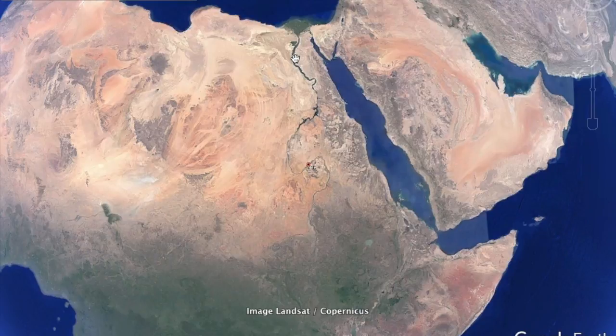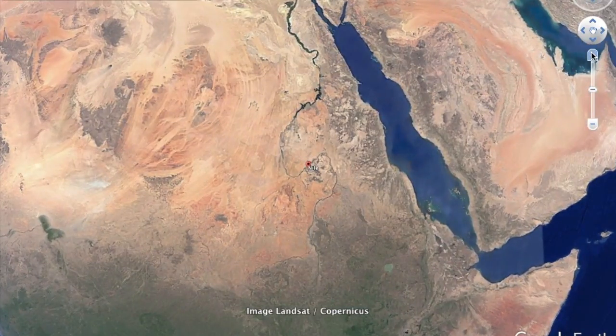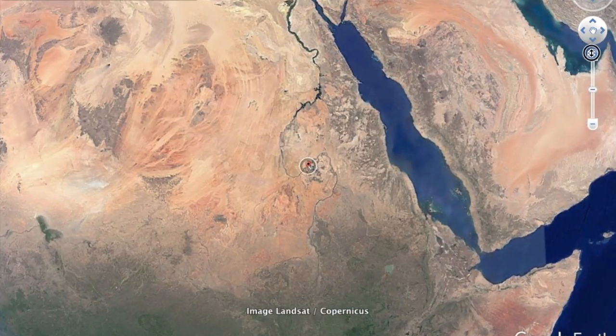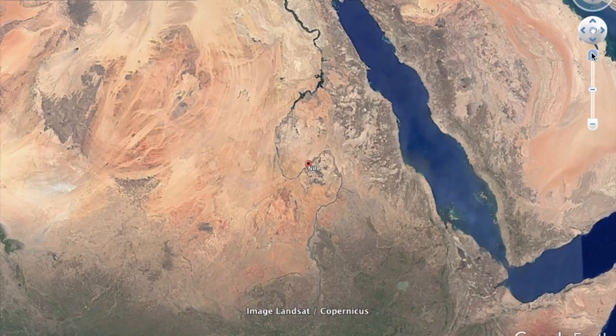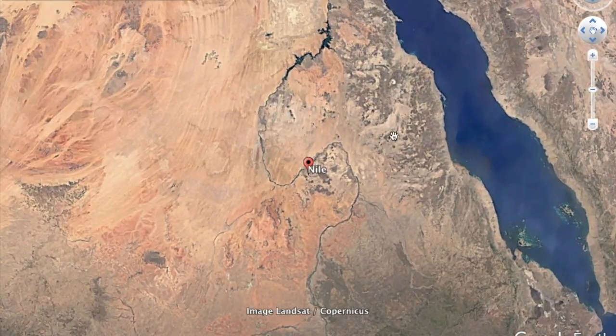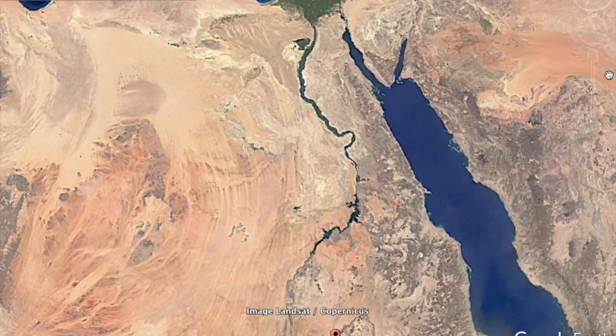A floodplain or floodplains are flat areas of land formed by many layers of deposited sediment. These areas are very fertile, and as a river floods its bank, it deposits its organic material on either side of the river, so it makes this a very fertile area. So I'm going to drill down here and look at the Nile.